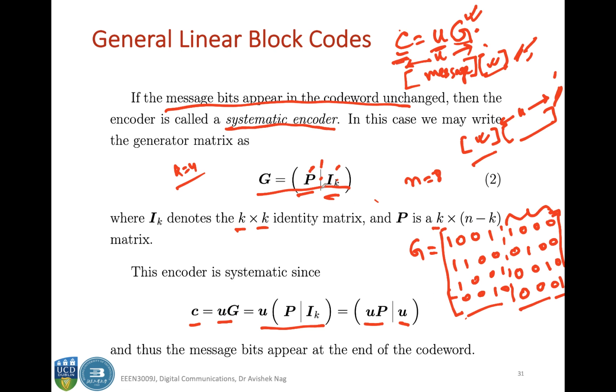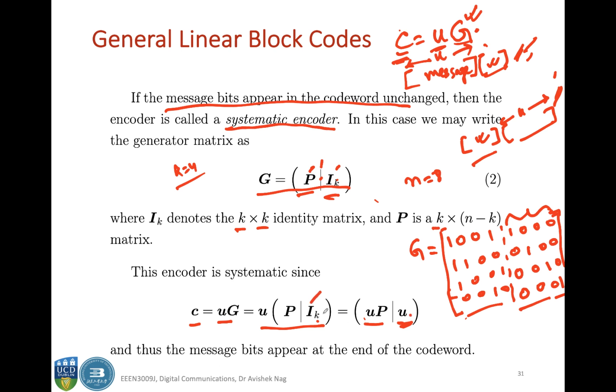So now if you have this form of matrix G, in this form of P and I_k, then if you multiply your message bits, you will have this UP part come first and then the U part, because U times I_k is U, since this is an identity matrix.